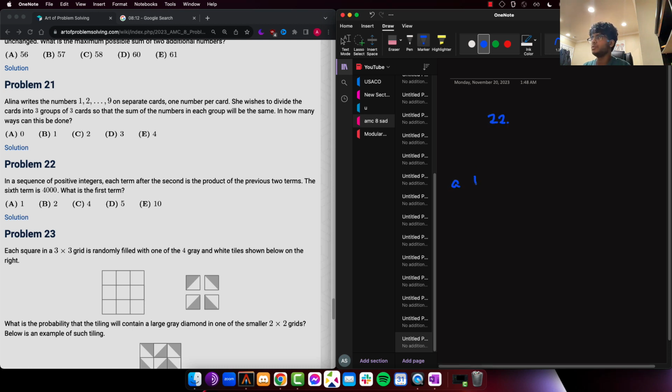A, B squared, AB to the, or I mean A squared B to the 3rd, A cubed B to the 5th. This is 1, 2, 3, 4, 5, 6. This is 4,000.